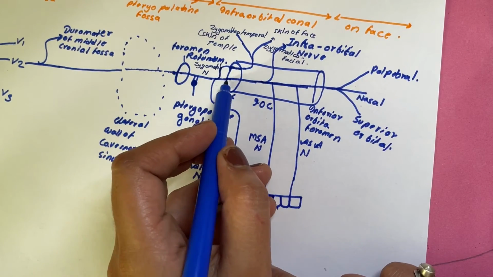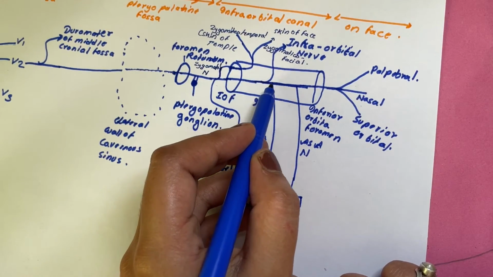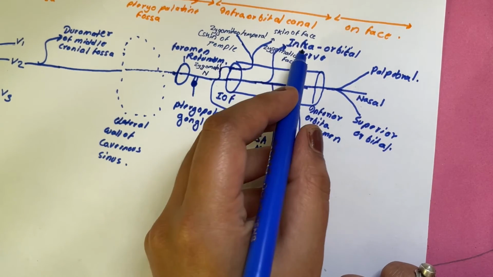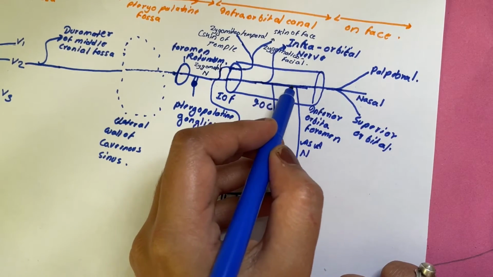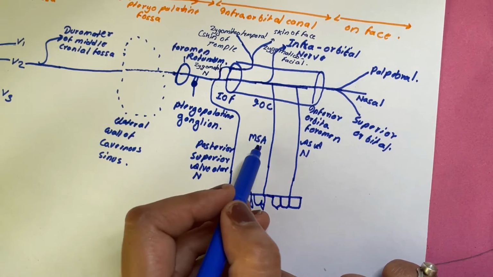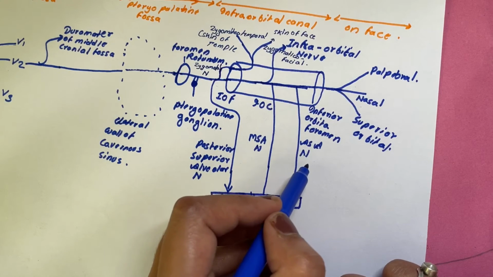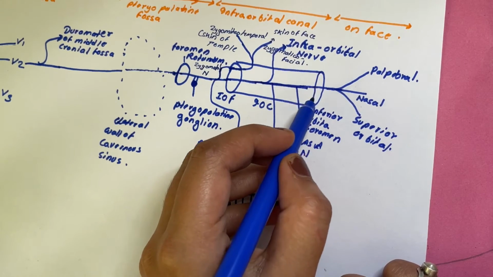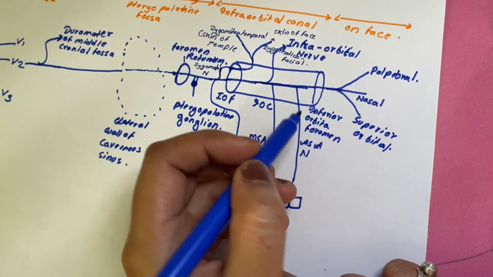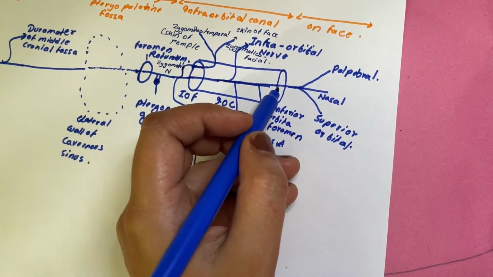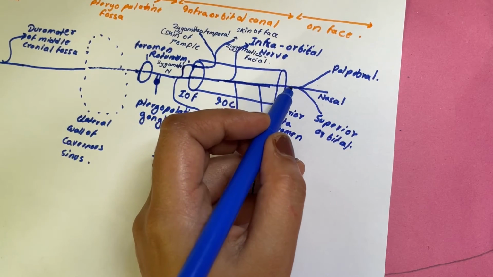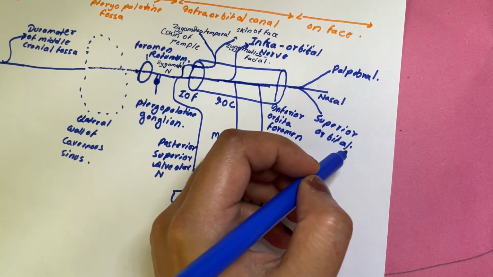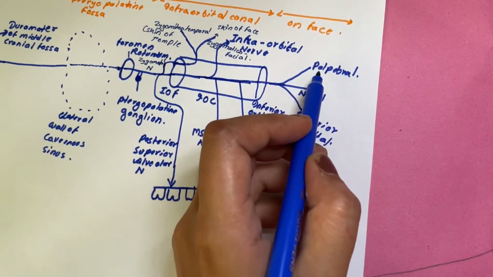And as it passes through the inferior orbital canal, the maxillary branch changes its name to the infraorbital nerve, and it gives two branches, the middle superior alveolar nerve and the anterior superior alveolar nerve, and it exits from the infraorbital foramen, and after exiting from the infraorbital foramen, it gives three branches, that is palpebral, nasal, and superior labial on the face.